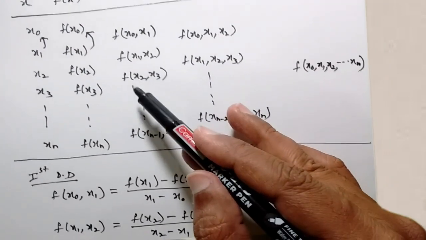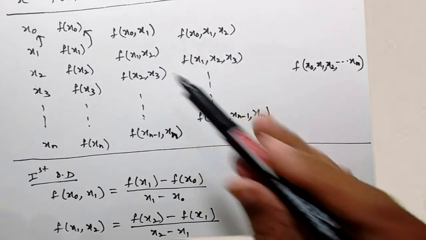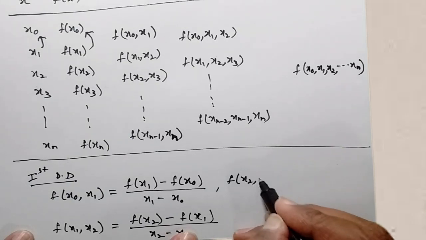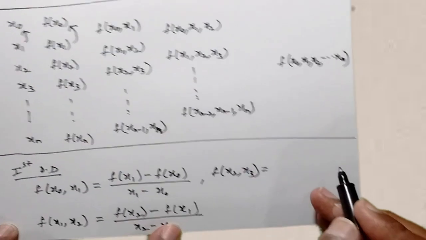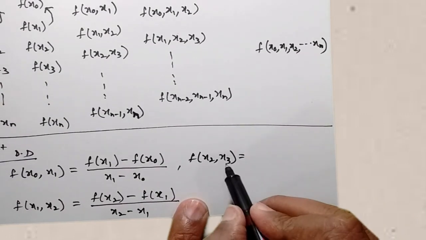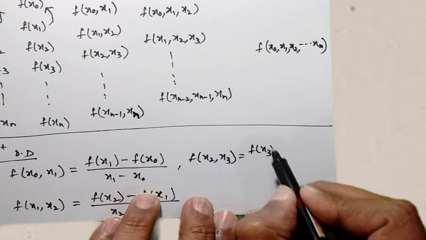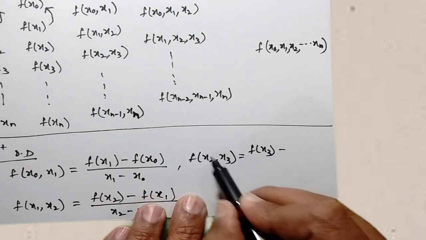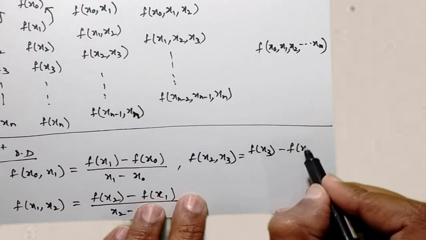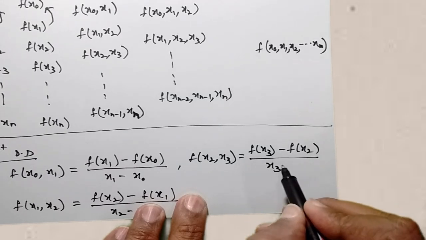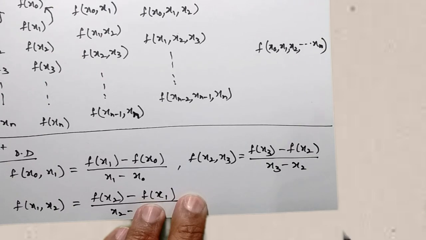Similarly you can write f of x2, x3. What is the rule? You write the function of the second value, f of x3, minus the function of the first value, f of x2, divided by x3 minus x2.